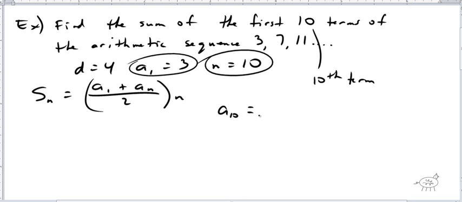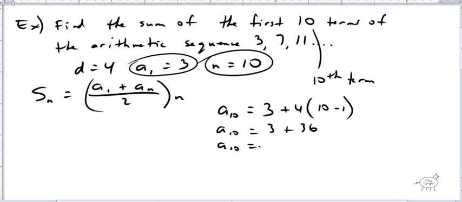A sub 10 equals a sub 1 plus d times n minus 1. So a sub 10 equals 3 plus 36. So a sub 10 equals 39.